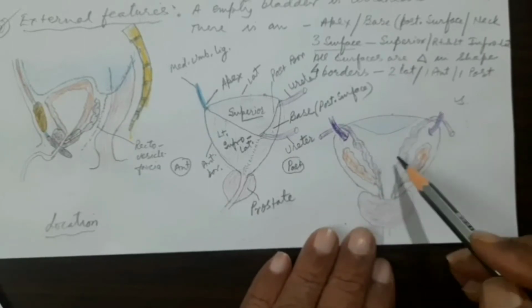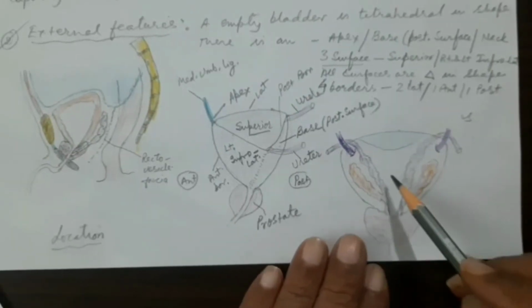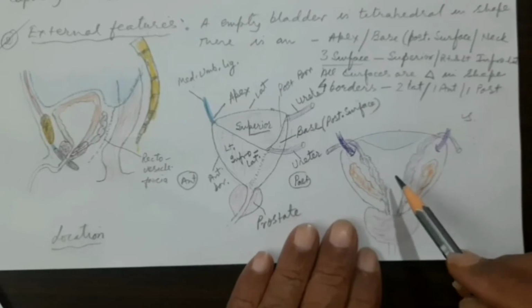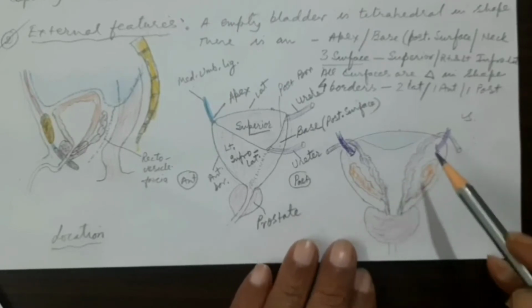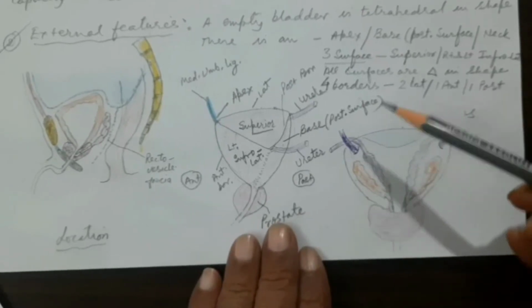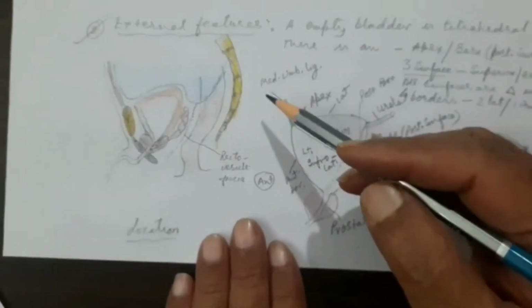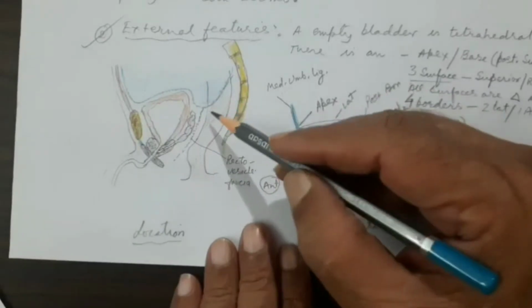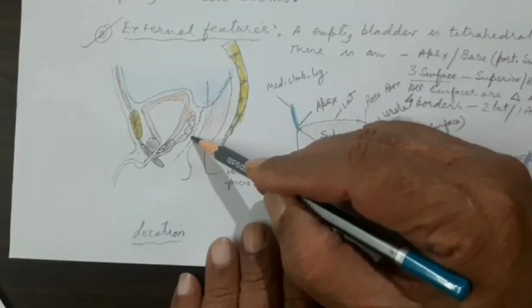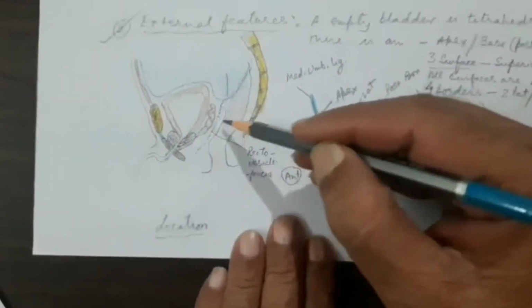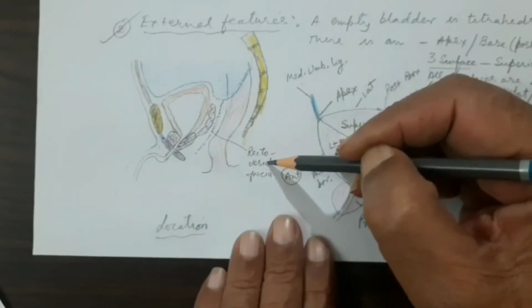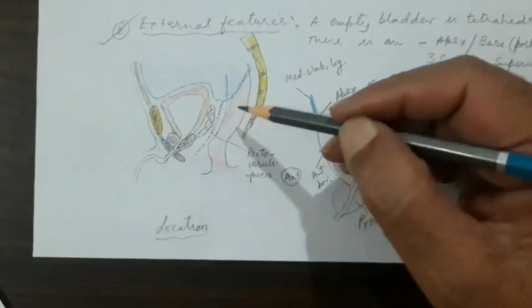Now, this base is related to many important structures, okay, the posterior surface. First thing is that the whole surface of the base is separated from the rectum. It is separated by a condensation of the loose connective tissue which becomes condensed to form the rectovesical fascia.